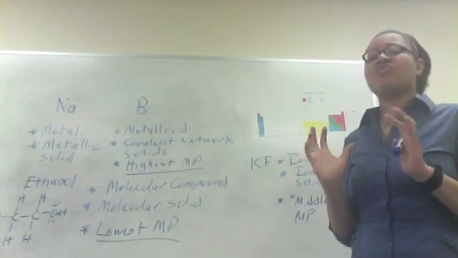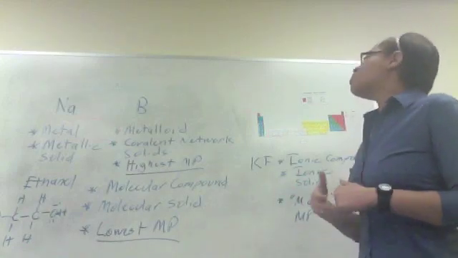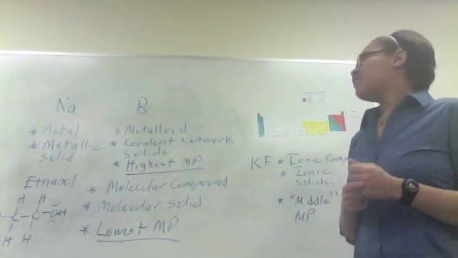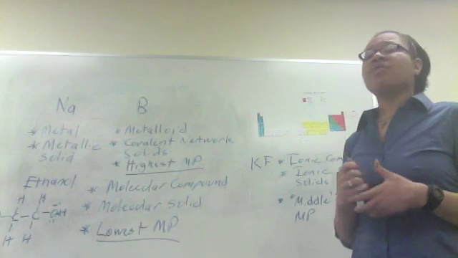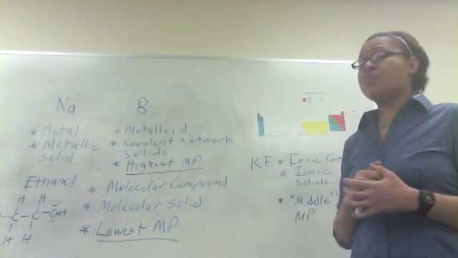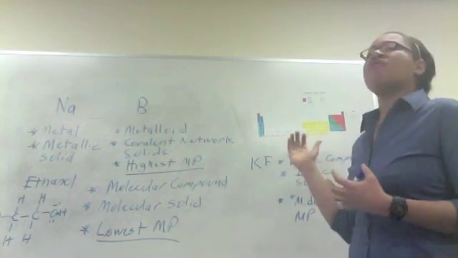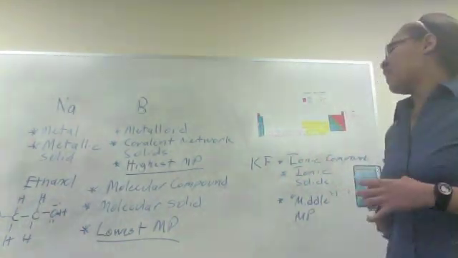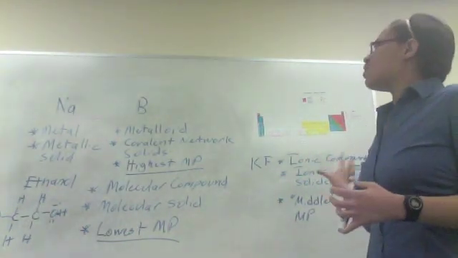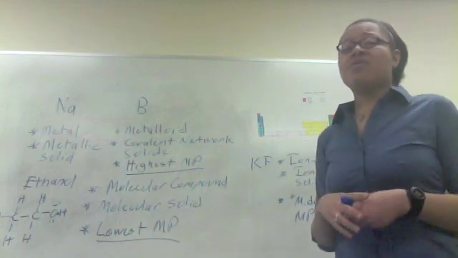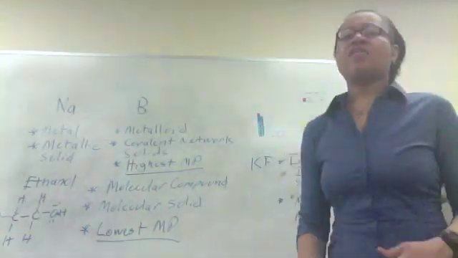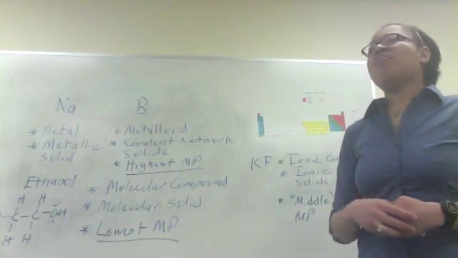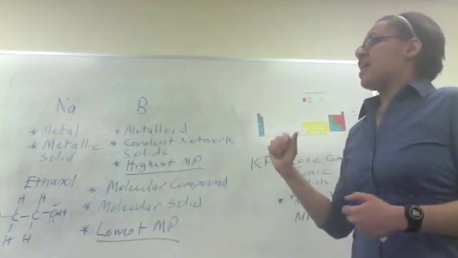Those are interactions between charged particles. Since those interactions, although they're pretty strong, are not as strong as a covalent bond, we would expect KF to have a moderate melting point, in between that of boron and ethanol.